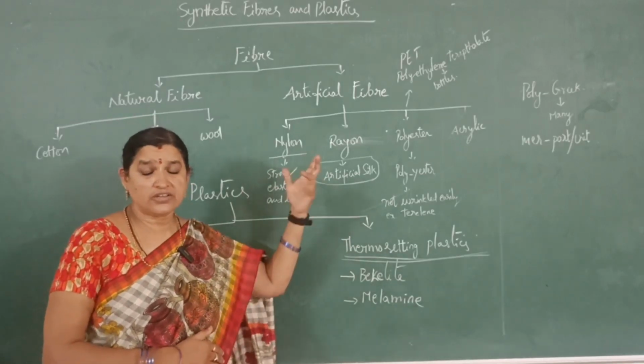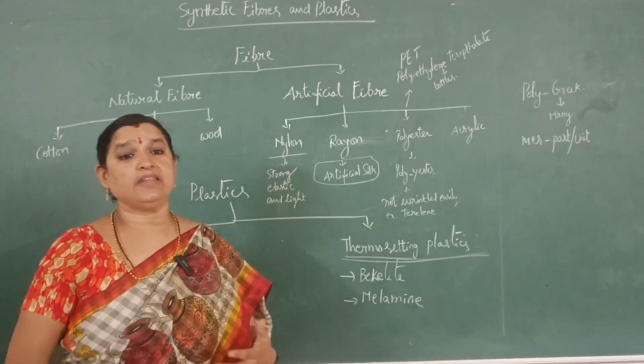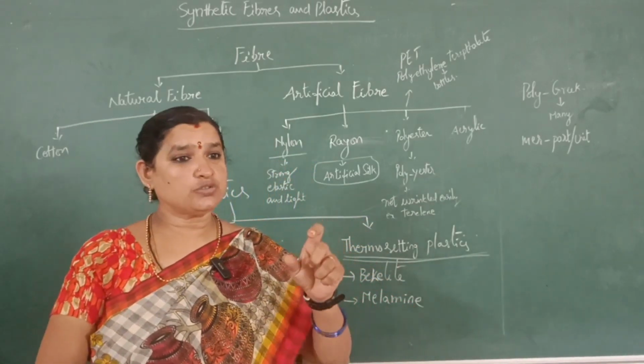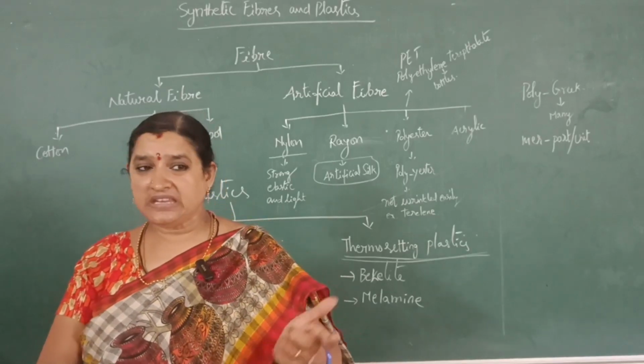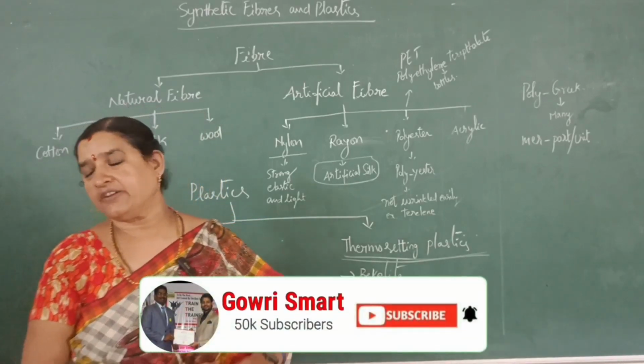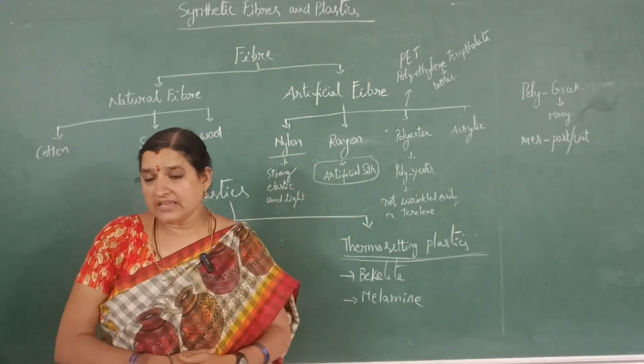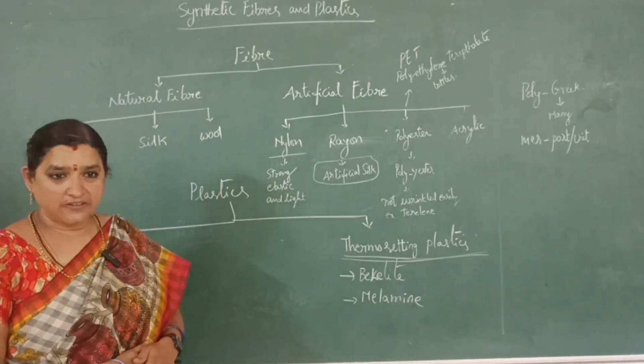Why? We can get the cellulose from the plants, but it undergoes many chemical reactions, and only then we get the fiber. That's why we say rayon is an artificial or synthetic fiber.